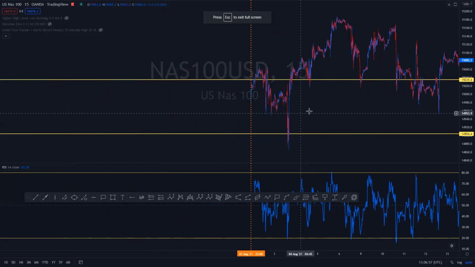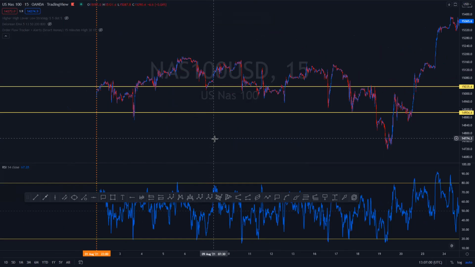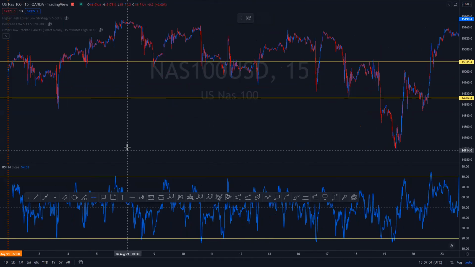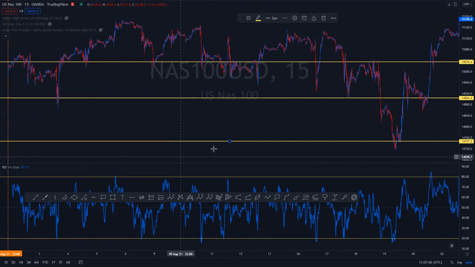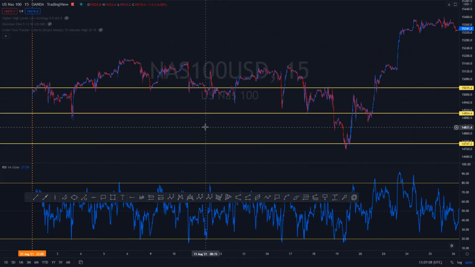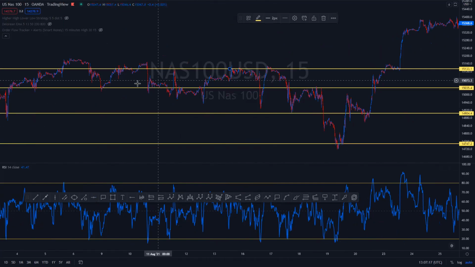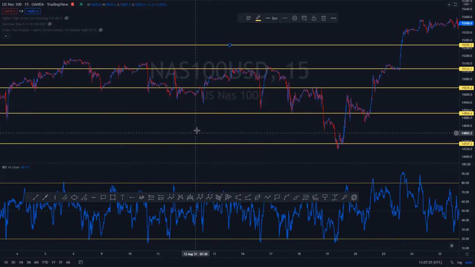All right. See a little bit of imbalance down here too, created by this market structure. There was a huge imbalance move right up in this area, and then huge imbalance up in this area as well.